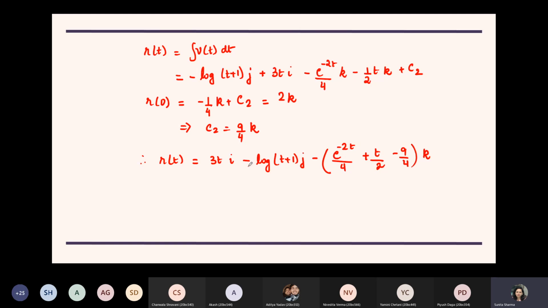Just put the upper limit minus the lower limit and you will get the values. Component wise you can do that, and in the end you will get an answer like this. Such questions I did not take up. So this integration topic is done. Anyone wants to ask anything?